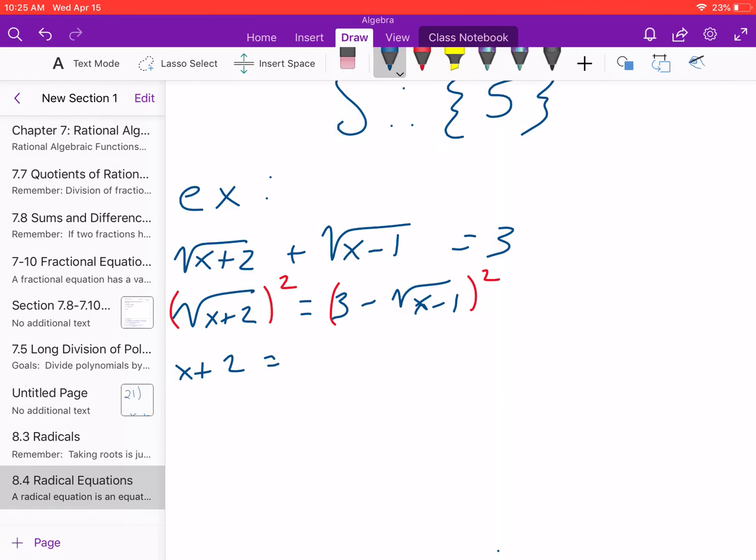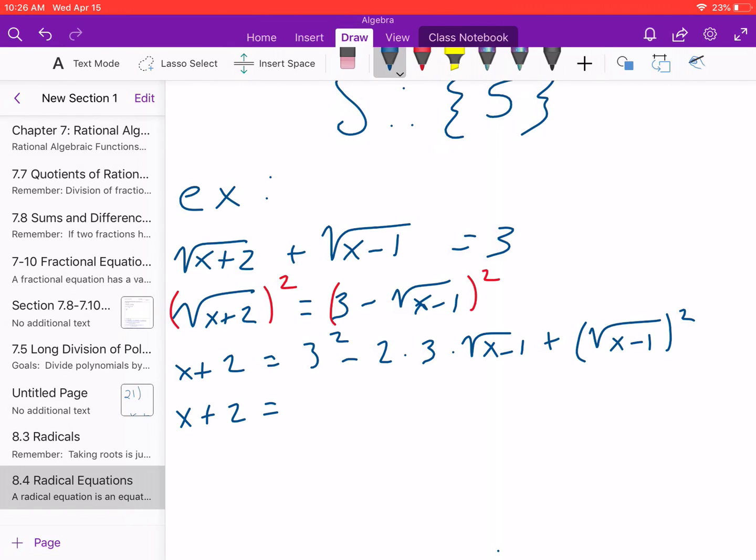And I'm going to write that out because you need to make sure that you are taking every part of that to that second power. So we would have 3 squared minus 2 times 3 times the square root of x minus 1 plus, in parentheses, the square root of x minus 1 raised to the second power.